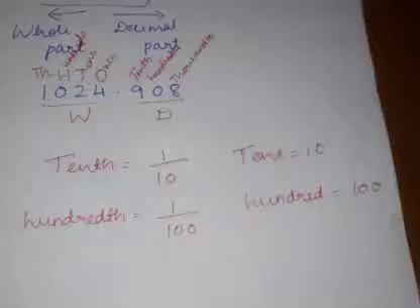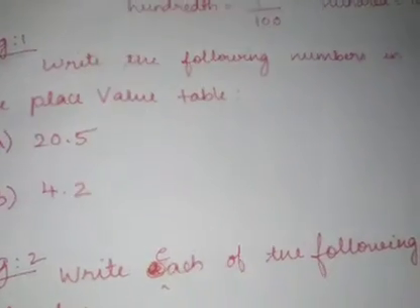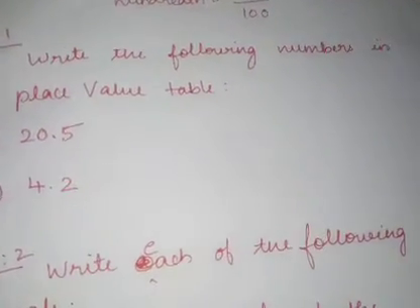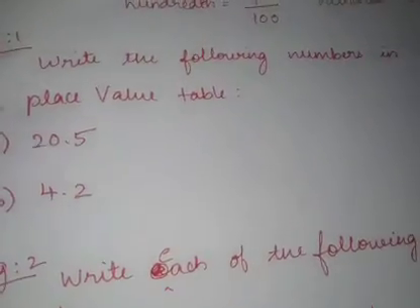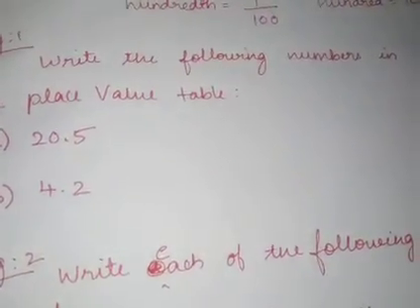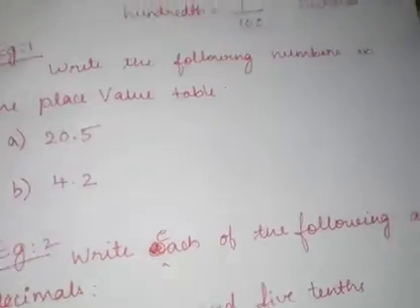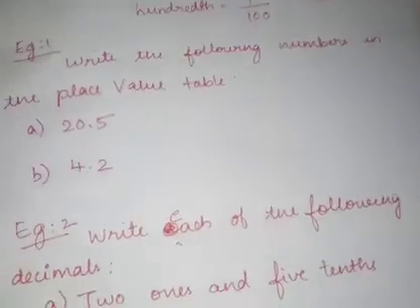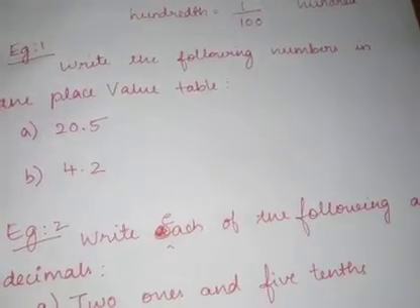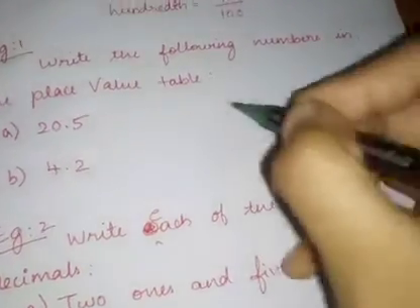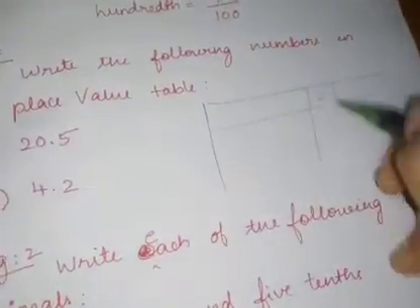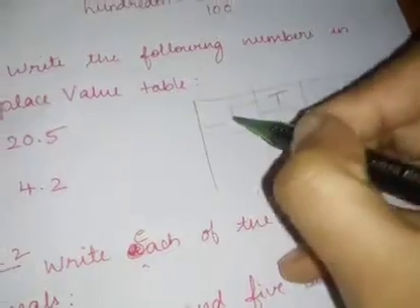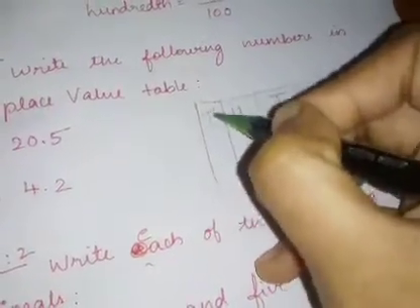Okay? So next is your example number 1. You can take the next page. In that there is example number 1, children. Write the following numbers in the place value table. Yes, you usually write place value tables, no? Ones, tens, hundreds, like that. You will put a table like this, for ones, tens, hundreds, thousands, like that, right?